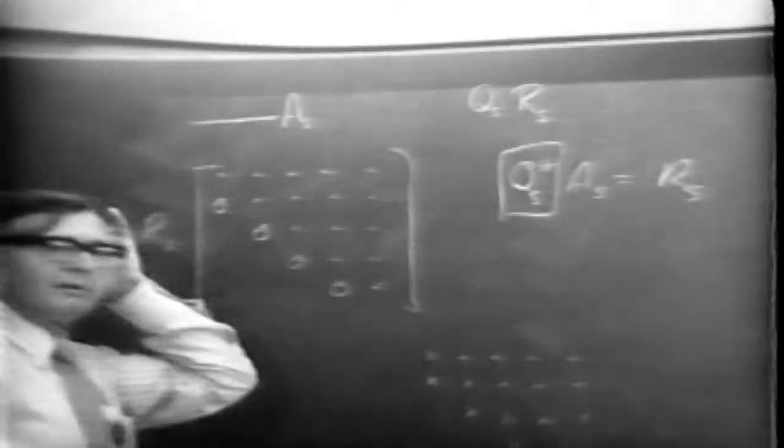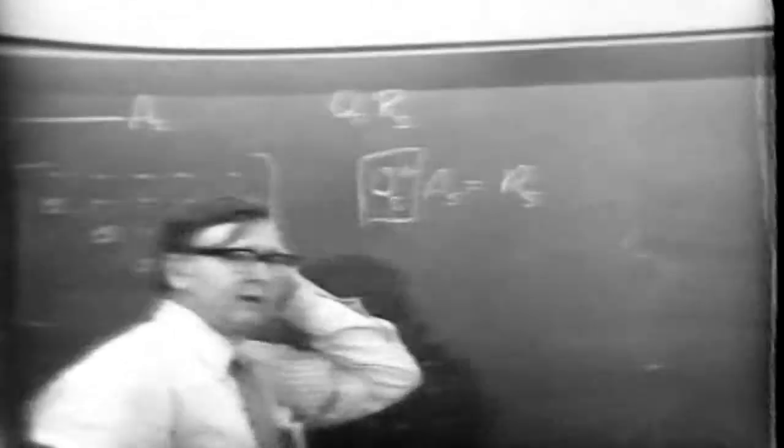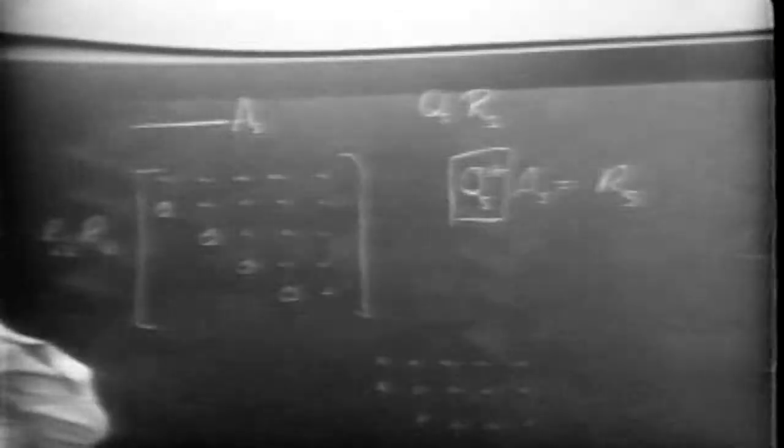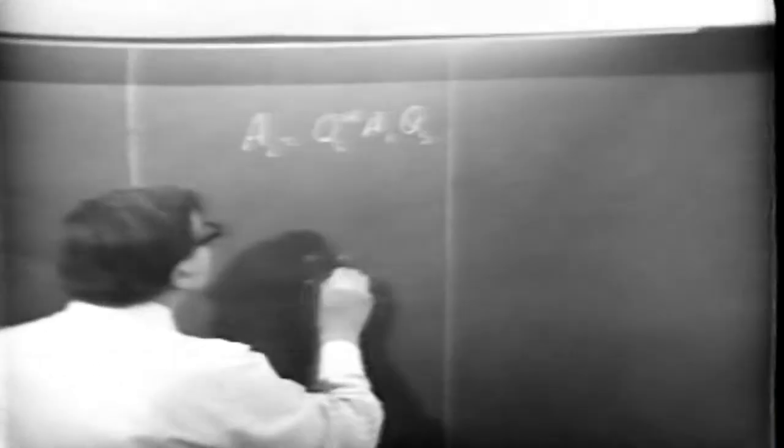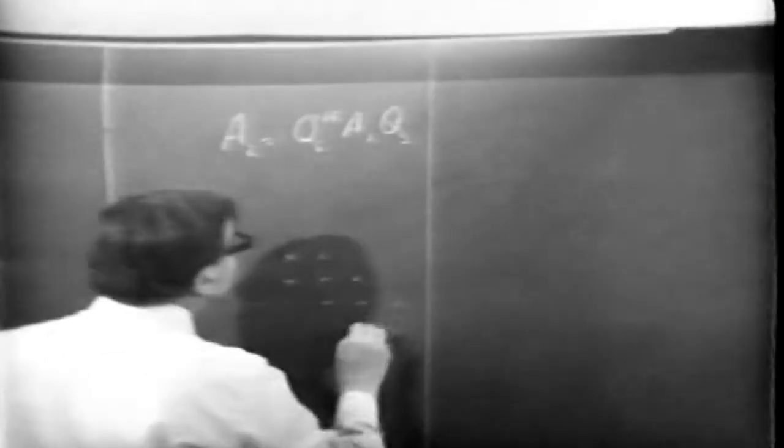Well, we've seen it preserves upper Hessenberg form, and it preserves symmetry. So in particular, if applied to a tridiagonal matrix, which is upper Hessenberg and symmetric, then it will remain tridiagonal. So it's rather interesting to look at that. Here's a tridiagonal matrix. Let's do the QR algorithm on it.